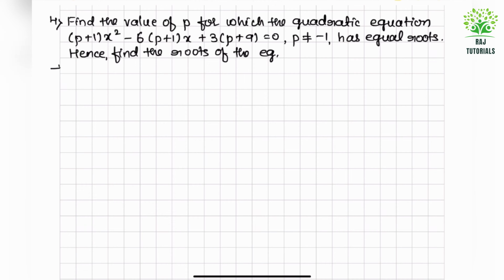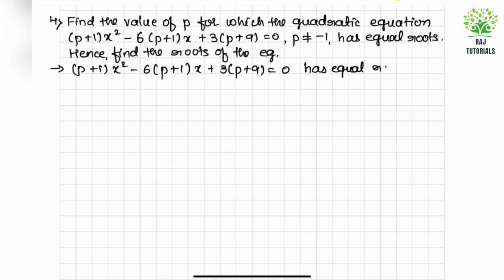So here I am given (p + 1)x² − 6(p + 1)x + 3(p + 9) = 0 has equal roots. Therefore, D should be 0, so b² − 4ac should be equal to 0.